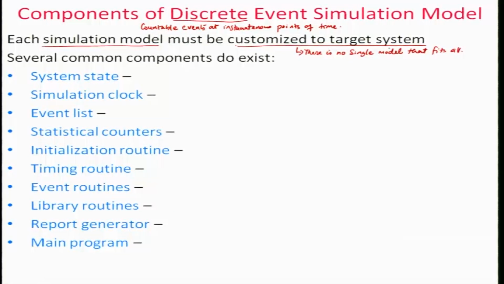It is dependent on the target system. Whatever system you want to model, you build a customized simulation model depending on that. This customization is why it is called a time consuming process.